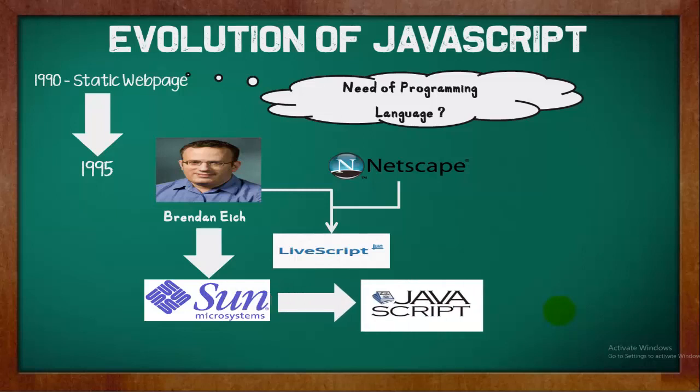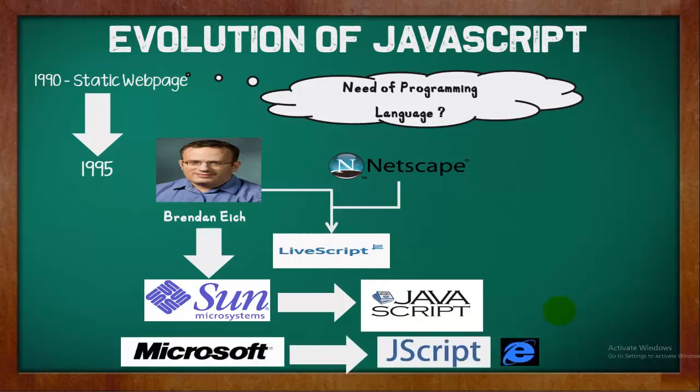Later, this JavaScript was owned by Sun Microsystems, and it was very popular in those days. Suddenly Microsoft came in, and they also created a new scripting language. The problem with that one is it works only in Internet Explorer and doesn't work in any other browsers. So that was another big flop.